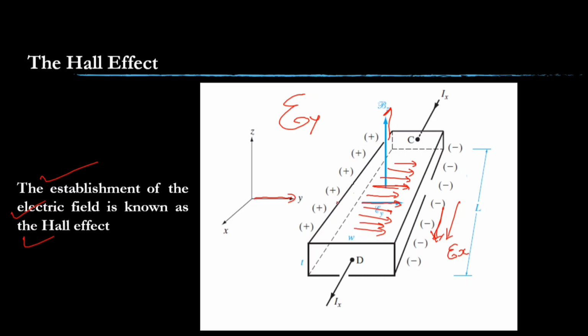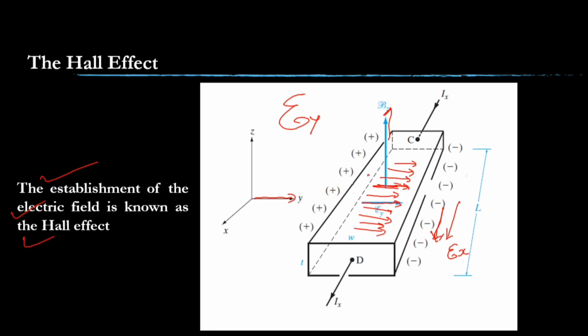What will happen once the positive charges keep on accumulating on this side and negative charges on this side? This electric field strength will increase slowly. Then the holes accumulated on this side because of the Lorentz force start moving slowly in the y direction.